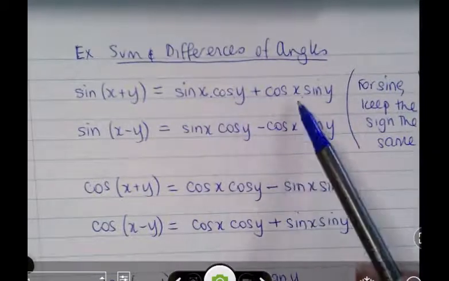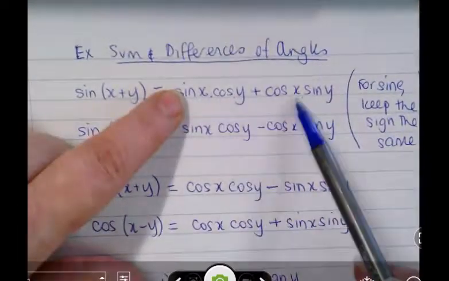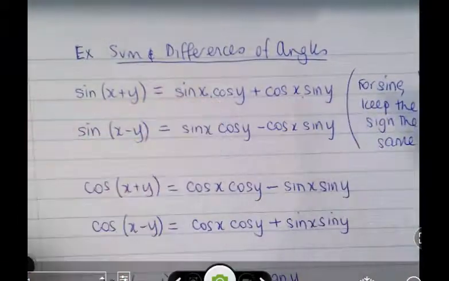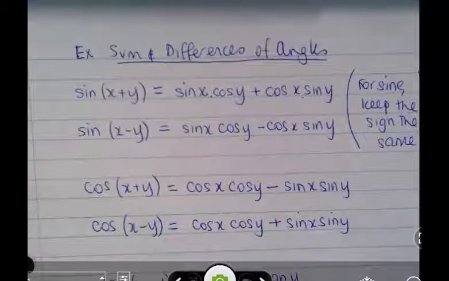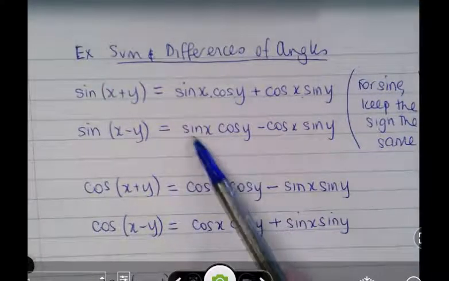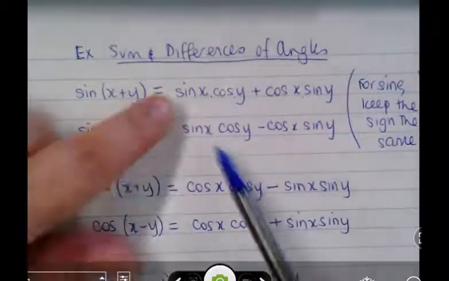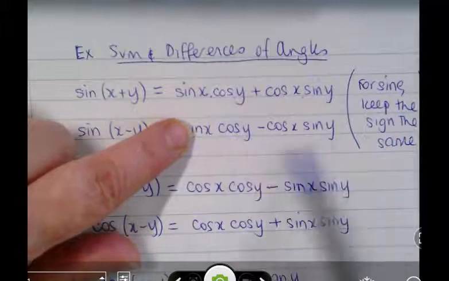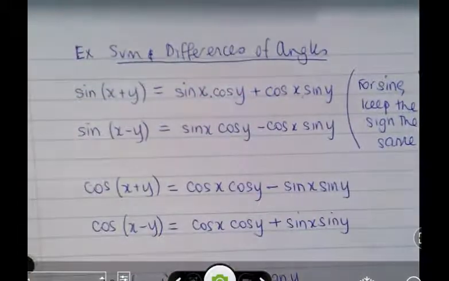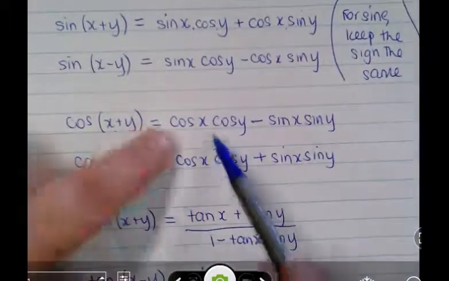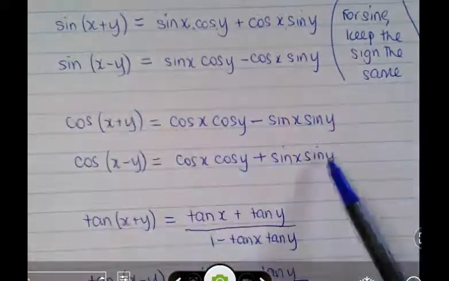It's xy, xy. I've got a sine x and a cos x and a cos y and a sine y. There's got to be one of each different thing. You can't double up on cos x. Same with these: xy, xy, sine, cos, cos, sine. But this one is cos, cos, sine, sine.